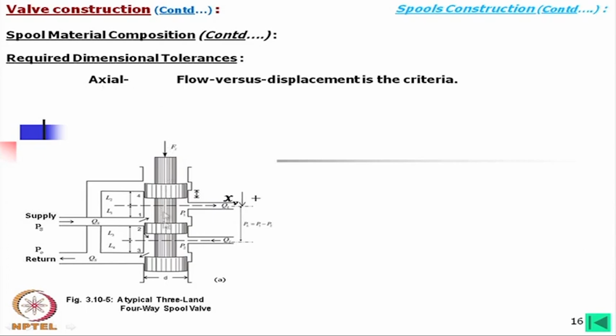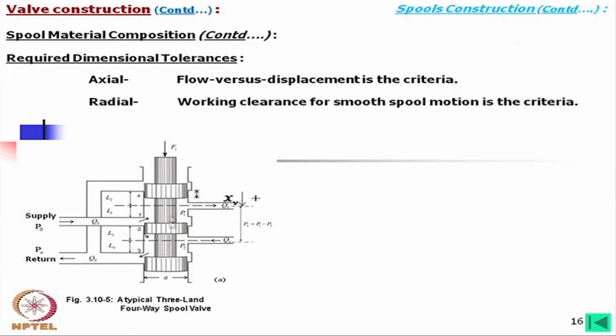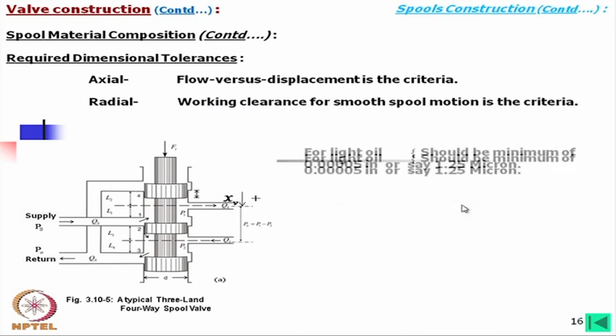So, flow versus displacement is the criterion for selecting the axial tolerances, and there is of course the radial tolerances, that means how much tolerance will be there. The working clearance for smooth spool motion is the criterion to decide the radial clearance.